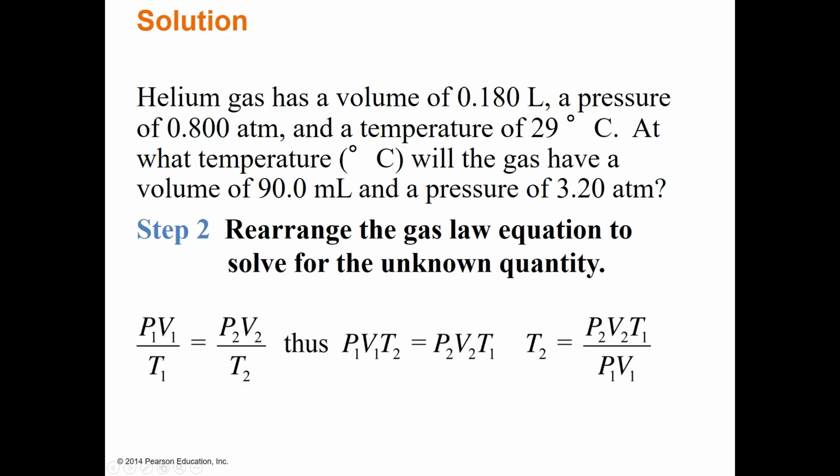So pressure 1 would equal 0.80 atms. Temperature 1 equals 29 degrees Celsius, add 273. And then temperature 2 we're trying to find.